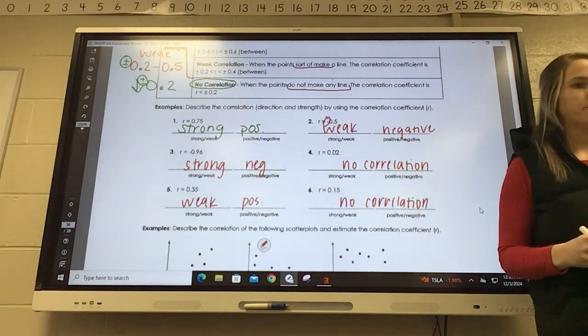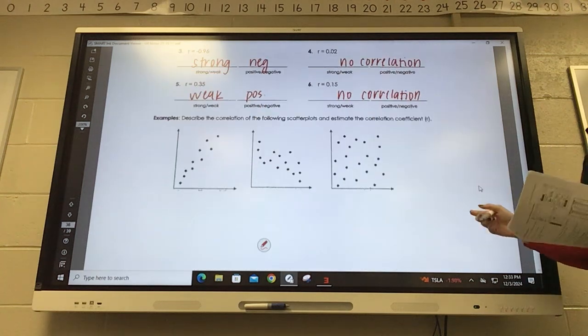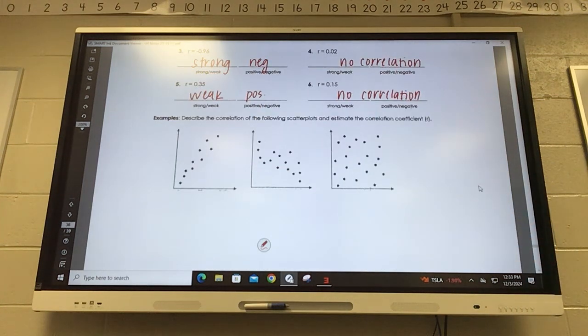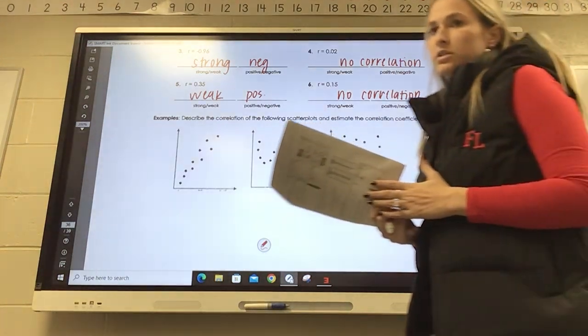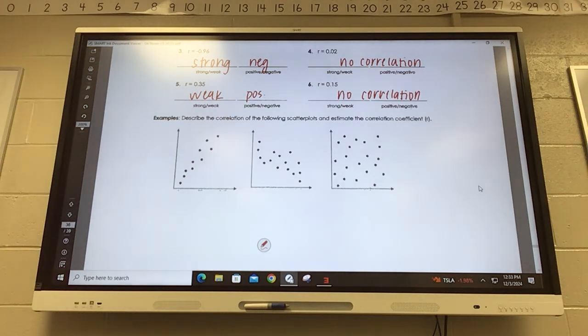But good, nice job. Okay, so if I look at these last 3 pictures, we're going to give it a name for positive and negative, and a name for weak and strong. So remember, strong, the closer it looks to a line, the closer your points are to each other. Weak, it can still look like a line, they're just more spread apart.